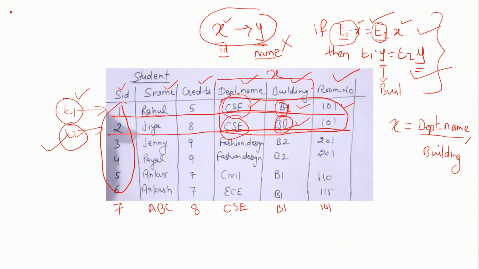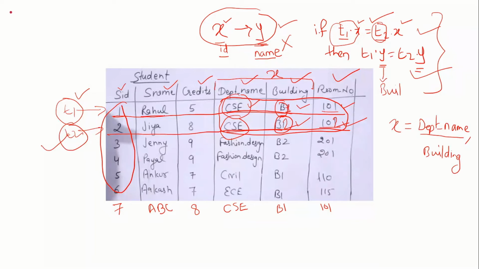Then we have to check the room number. If the room number appears the same, that is 101, 101, then they are functionally dependent. If here it is 102, then they are not functionally dependent. Understood? That is the concept of functional dependency.